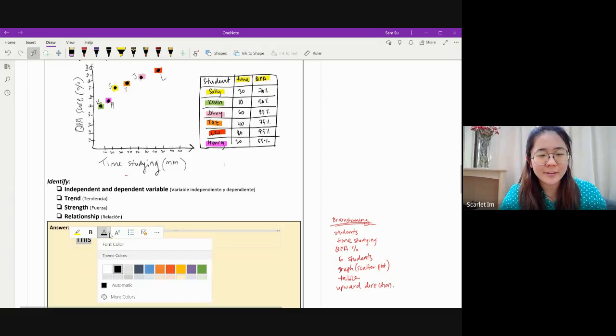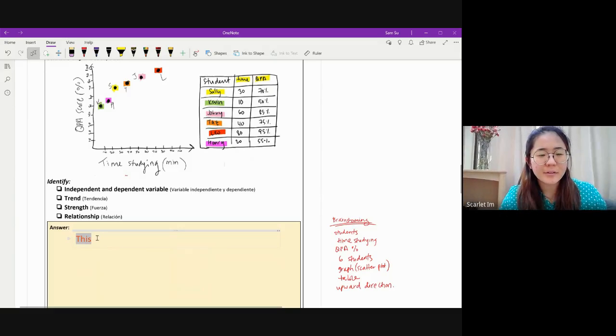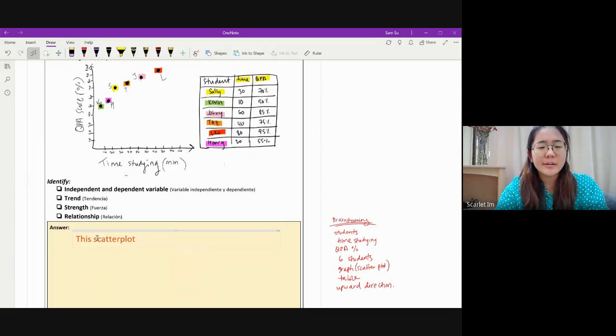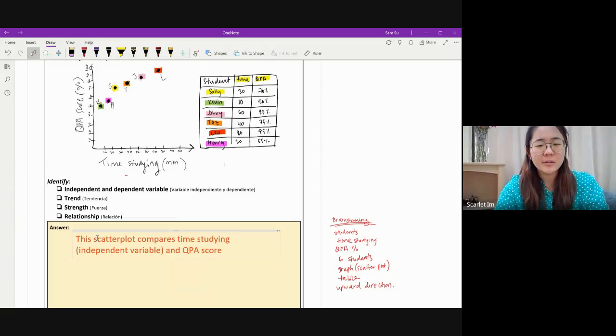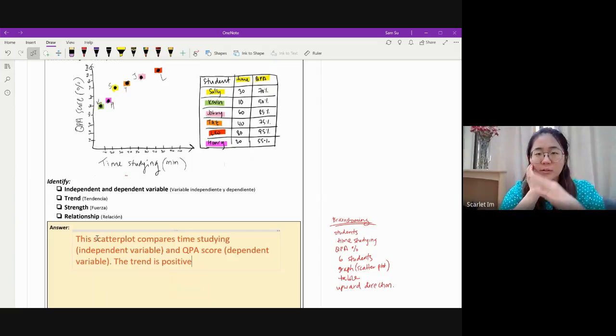You live and learn. All right, so this scatter plot compares time studying, which is our independent variable, and our QPA score, which is our dependent variable. The trend is positive. It goes up in an upward direction from left to right.